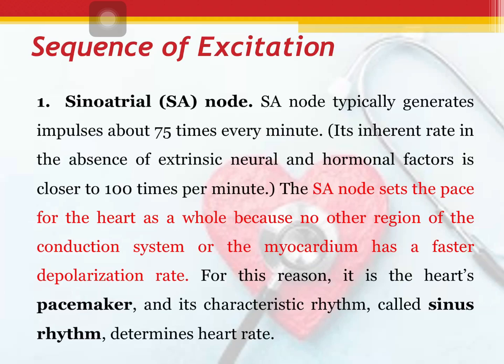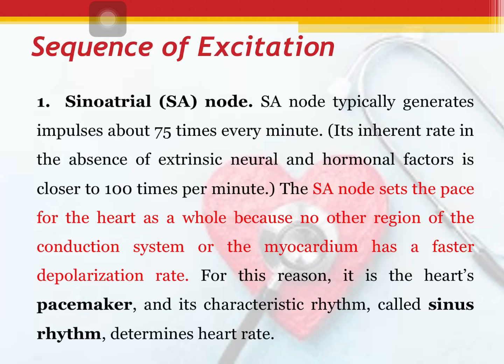Sequence of excitation. The sinoatrial node is a crescent-shaped node that is located on the right atrial wall just inferior to the entrance of the superior vena cava. This sinoatrial node typically generates impulses about 75 times every minute.